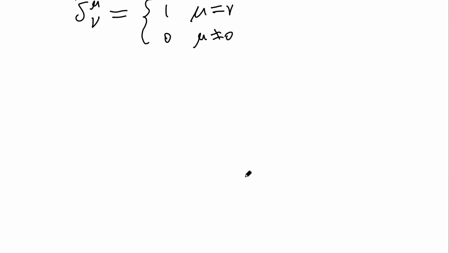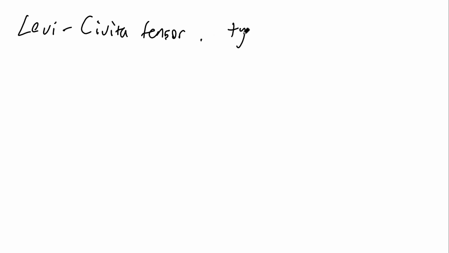The Levi-Civita tensor, like the identity tensor, can be defined by giving values to its components. And we can show that the components have the same values in any coordinate system. The Levi-Civita tensor is a type 0,4 tensor, and is defined as follows.